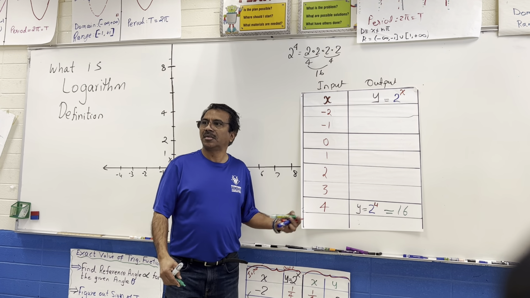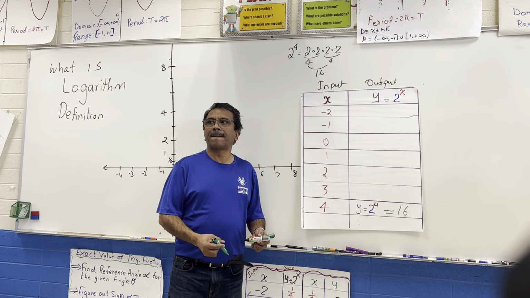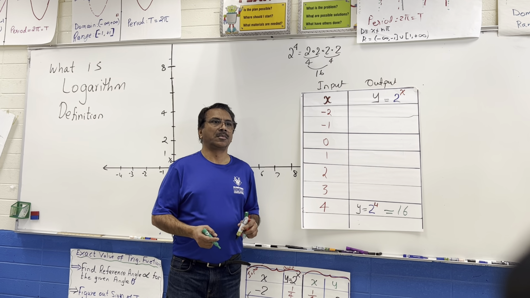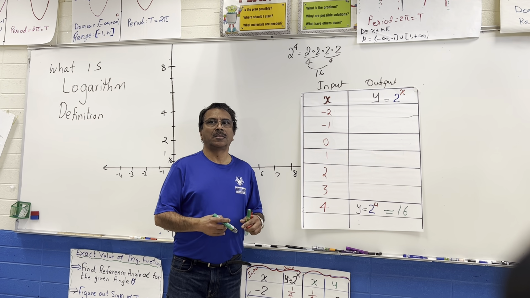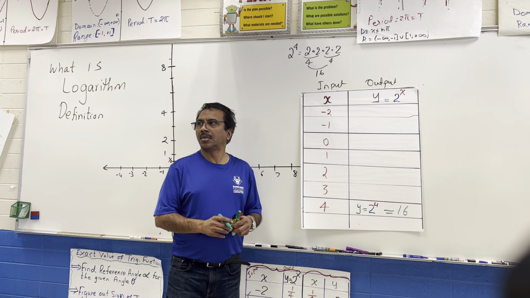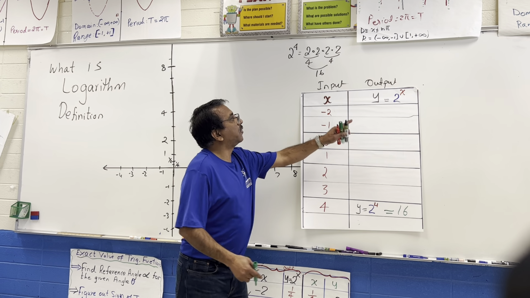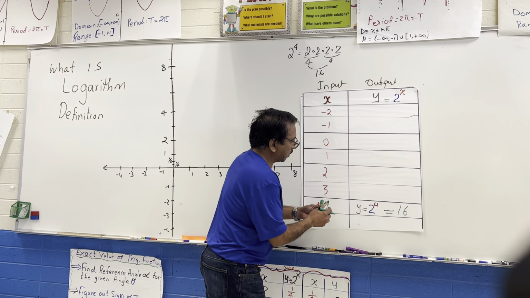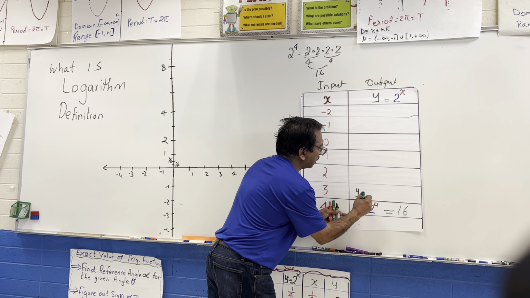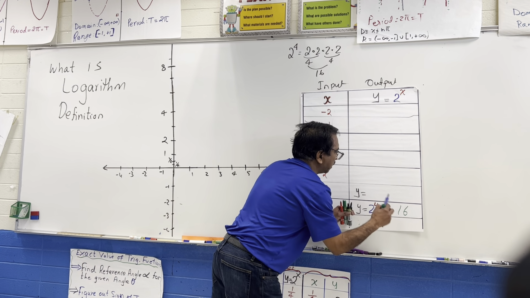Can you tell me directly what this one should be if the input is 3? So what is 2 raised to 3? If the input is 3, the output is y equals the green base.